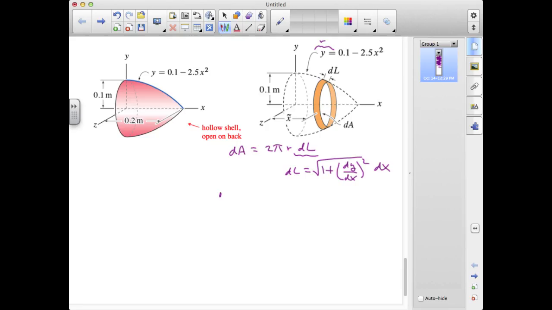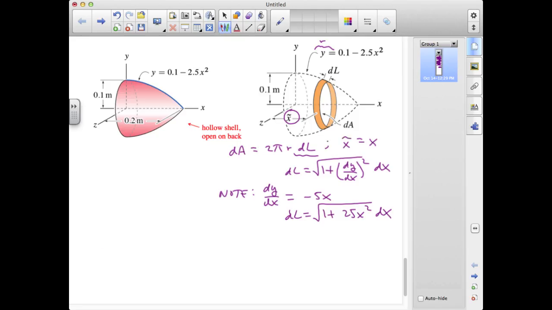So we'll note that given the bounding curve, dy/dx is just equal to minus 5x, and so dl will be equal to the square root of 1 plus 25x squared dx. Our x tilde, the center of the differential element, is again just going to be x. Every material point within that strip is the same distance from the yz plane. It's just x.